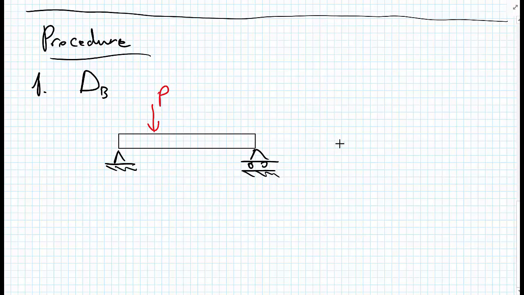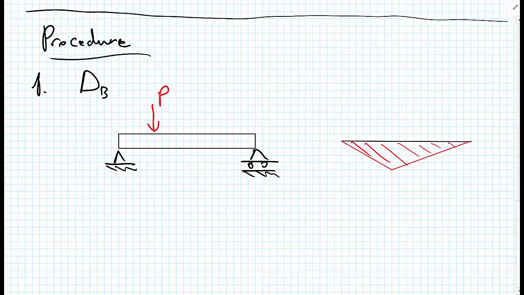we can calculate the bending moment due to this force.